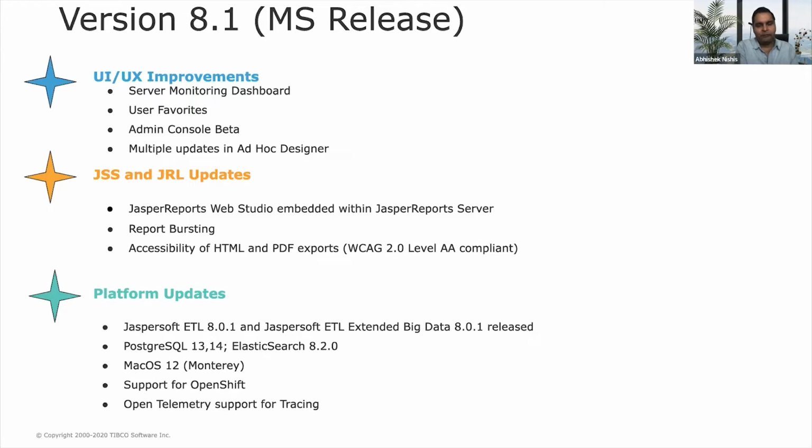Platform updates, a lot of platform updates in 8.1. We released Jaspersoft ETL, which is our other ETL product, the 8.01 version of ETL in extended big data. We also certified PostgreSQL 13 and 14, including Elasticsearch 8.2.0. We certified macOS. And also one of the important things we added was the OpenTelemetry support. We get a lot of support tickets where we have to spend time figuring out what happened, right?